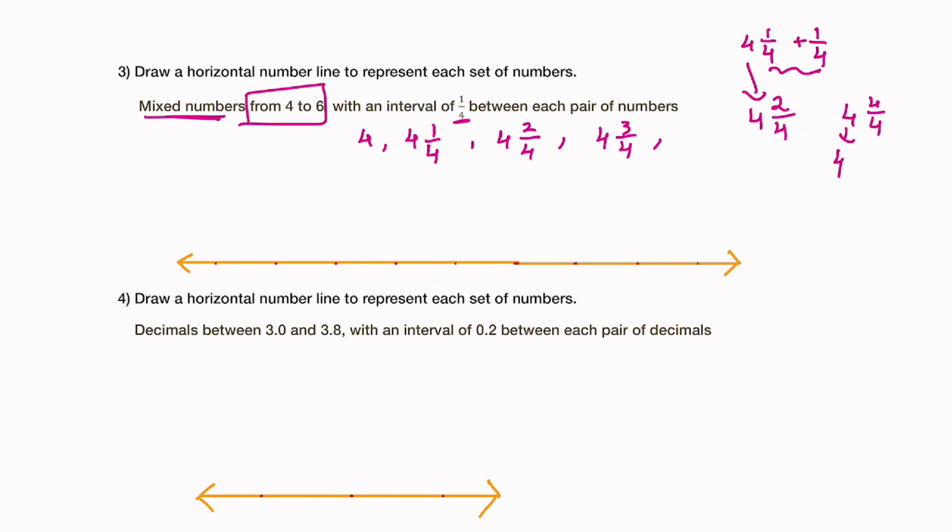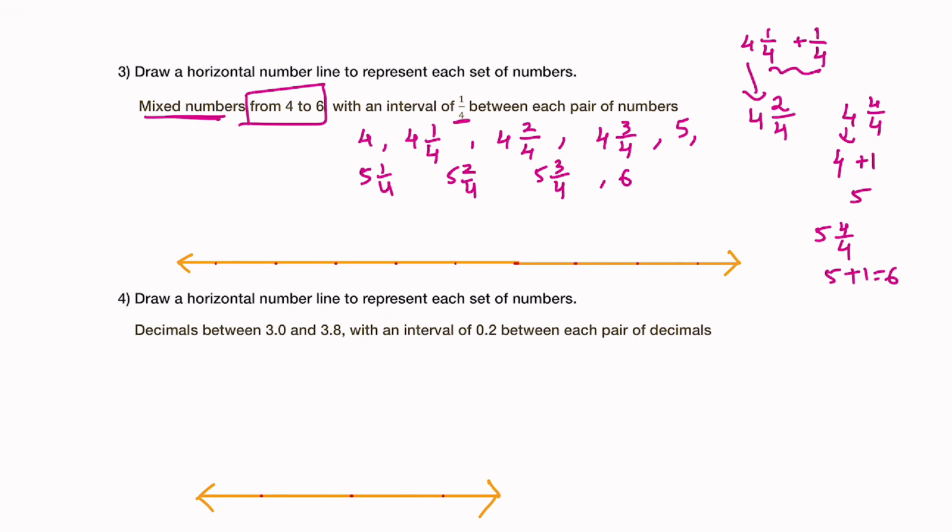That's 4 as it is, and 4/4 is 1, right? So it's 5 basically. So we write 5, and then we say 5 1/4, 5 2/4, 5 3/4, and 5 4/4. So that's 5 plus 1, right? So that's 6.